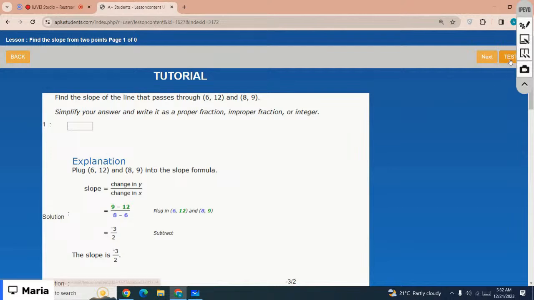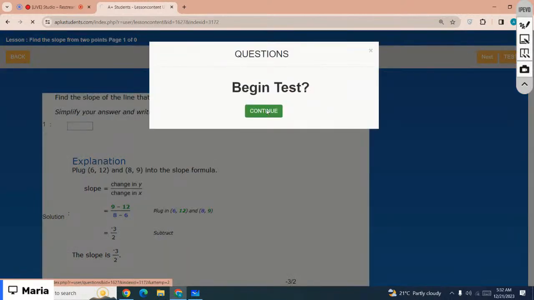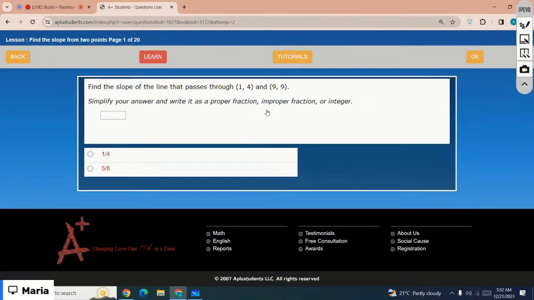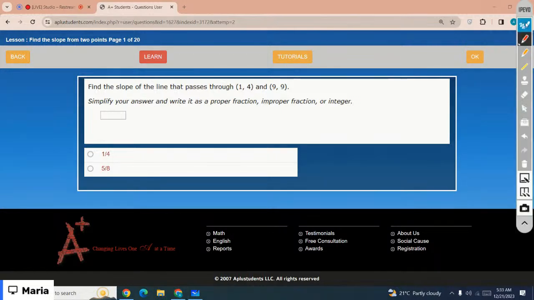Let's just start with the test questions. Okay, so find the slope of the line that passes through 1, 4 and 9, 9.